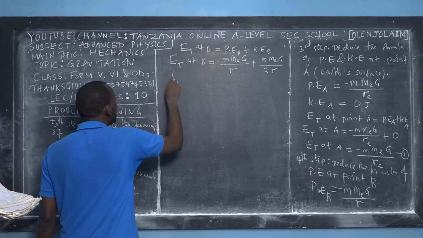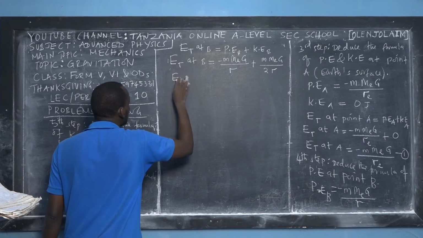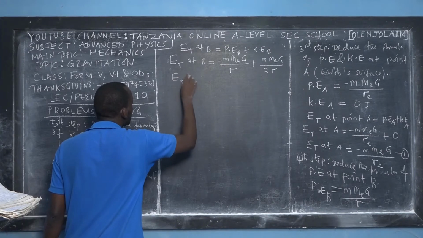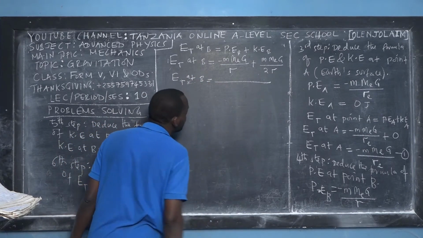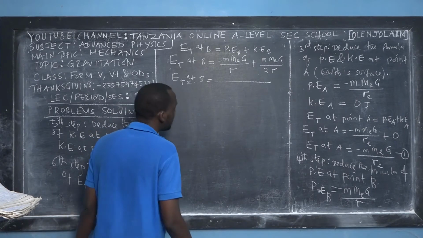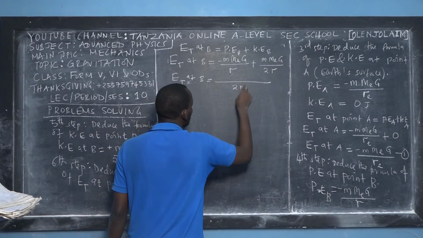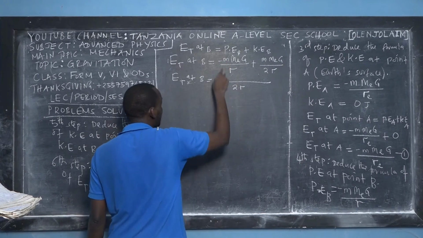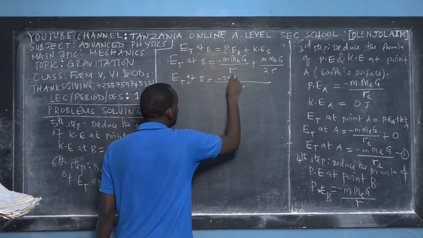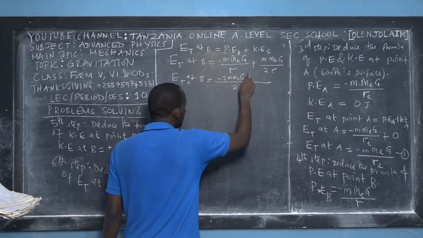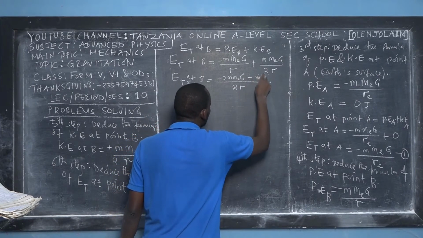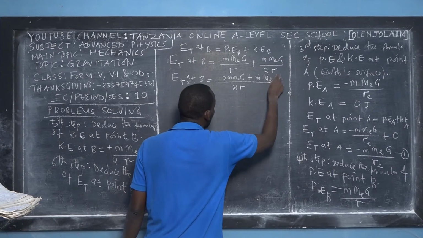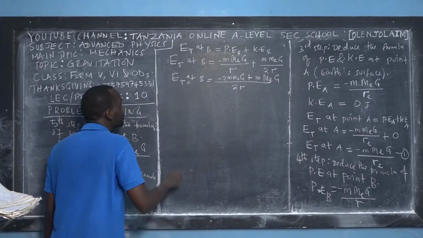So the total energy at B, in this case, you have to find the LCM. What is the LCM there? It is 2R. 2R over R is equal to 2, multiplied by this one, negative mass, mass of the S, times universal gravitational constant. 2R over this one is 1, that's the mass of the satellite, mass of the S, times universal gravitational constant.